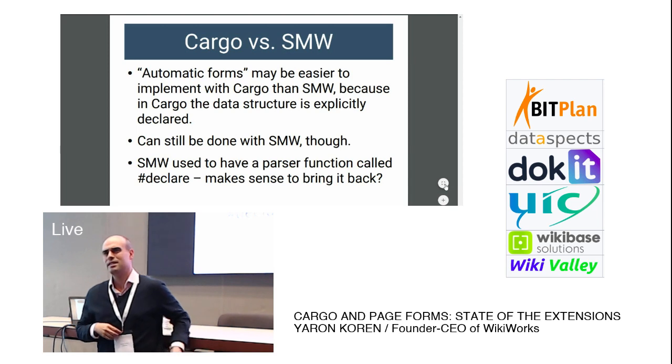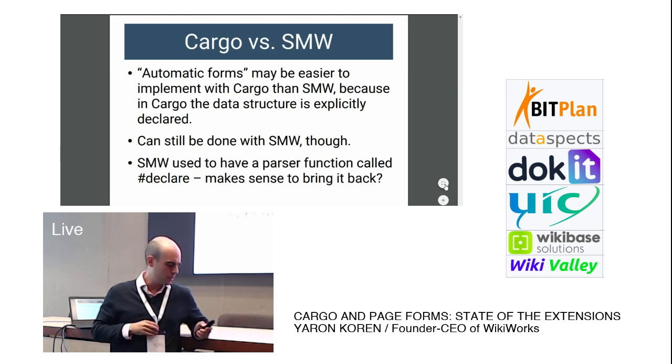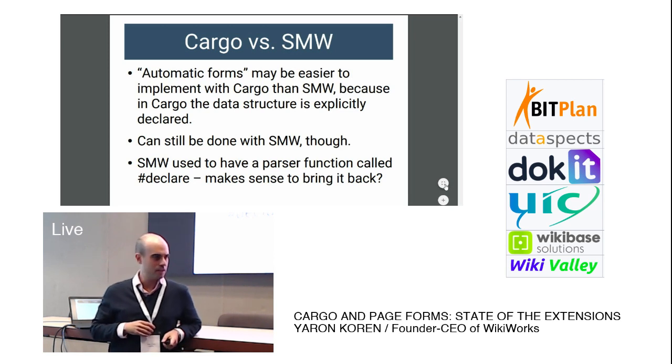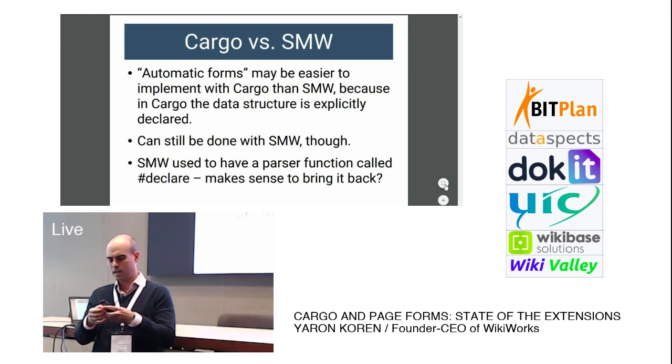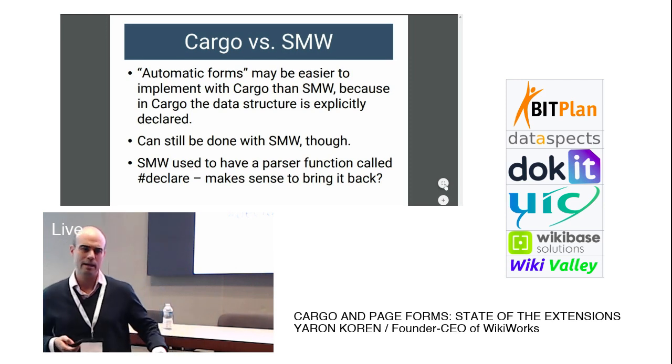SMW had, or maybe still has, a parser function, I think it's gone now, called declare, which essentially let you do that and say, you know, these are the properties for this template or category. I don't know. In any case, it may be worth, well, just something for the Semantic MediaWiki developers out there. It may be worth having that, to get the benefits of that as far as automatic forms.